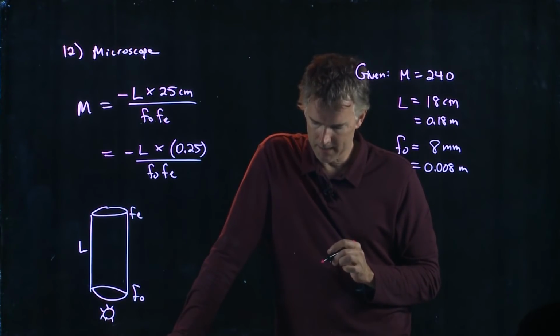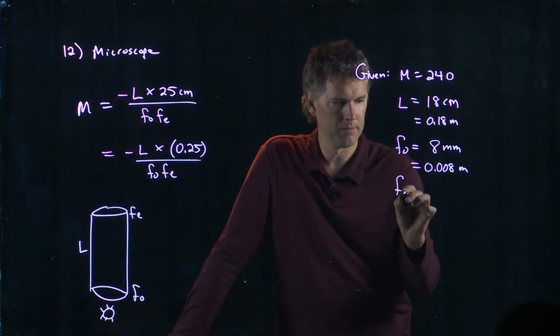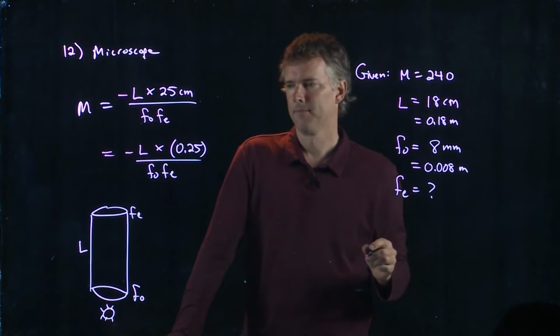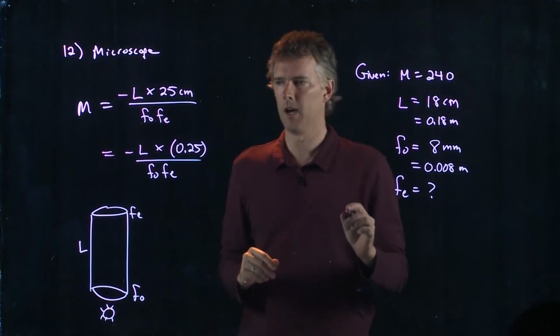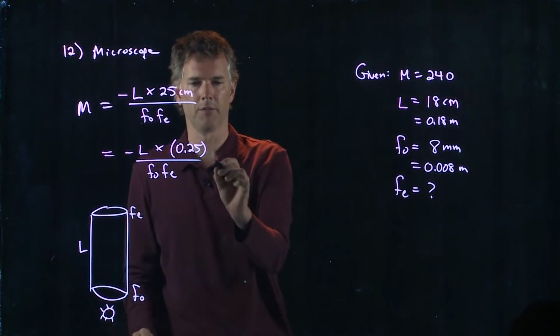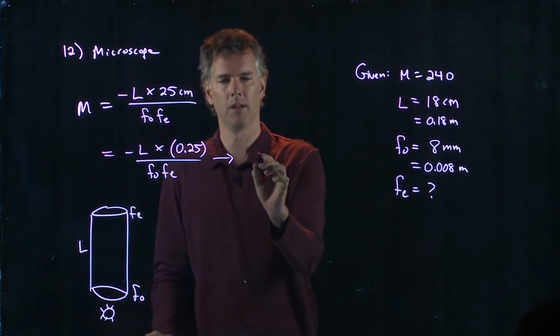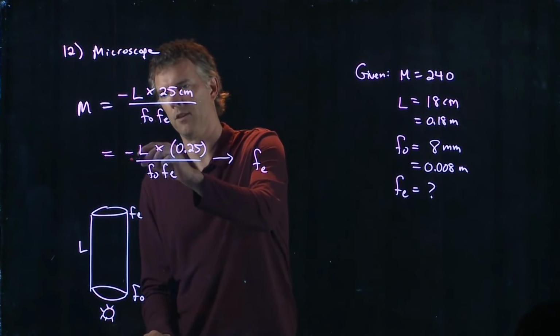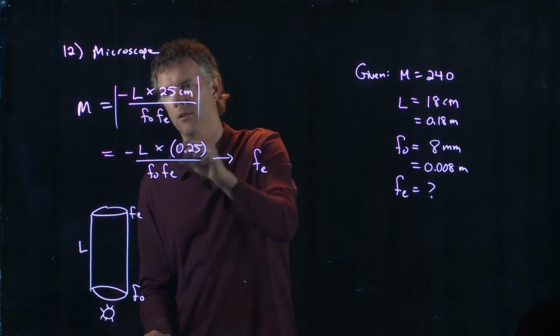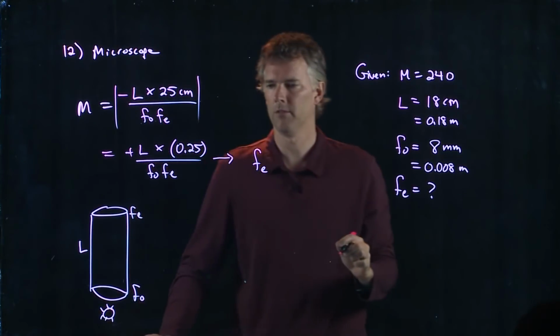And we need to calculate the eyepiece. All right, so it's not too bad because we know everything in this equation except the eyepiece. And so let's just solve this equation for F of the eyepiece, and just ignore the negative sign. We're just going to worry about the magnitude here, so we'll make that a positive.